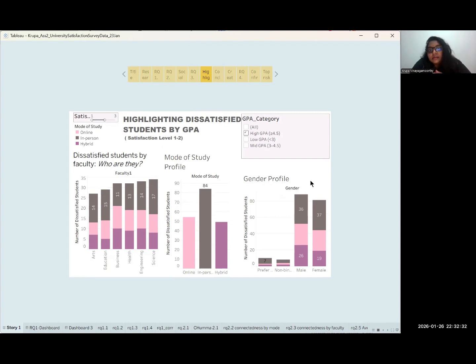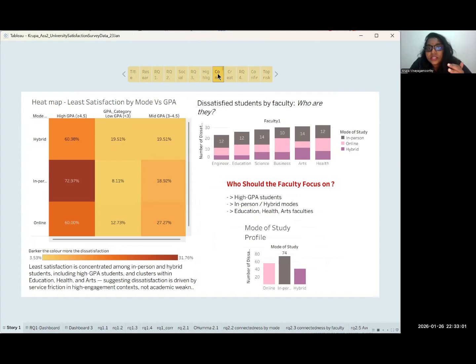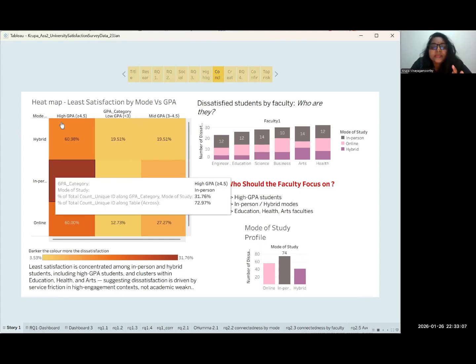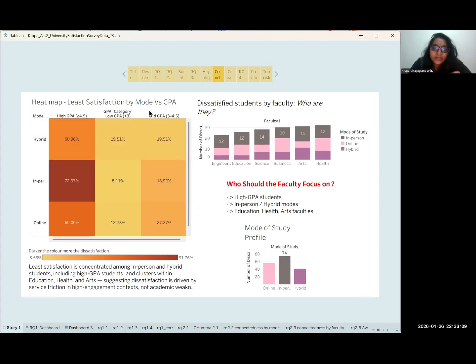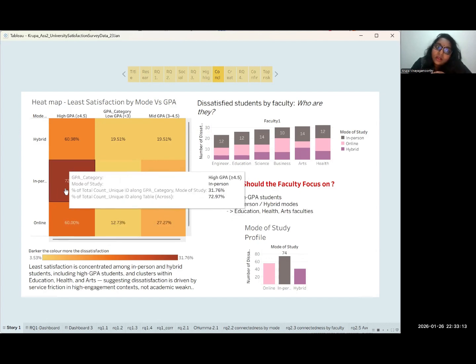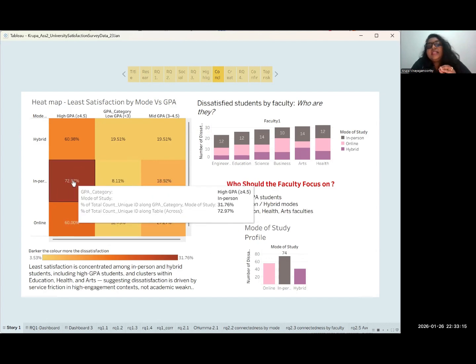Looking at the different subgroups of students by faculty, mode of study, or gender, there aren't any discernible differences. So to look a little deeper, I fixed a heat map between the mode of study and the people with higher GPAs. Right away, you see the least satisfaction is concentrated here.